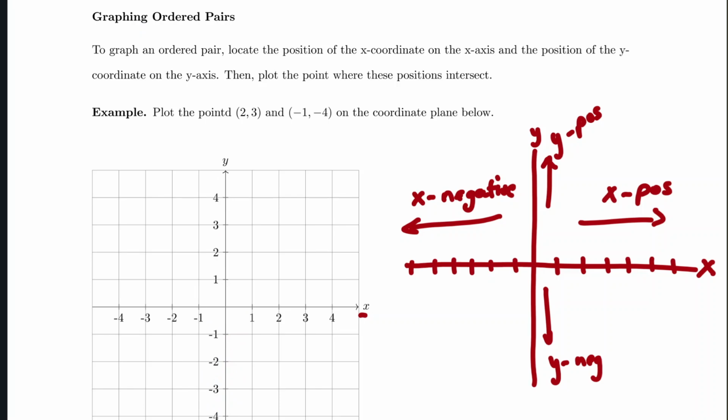And to help you remember which one's x, which one's y, and reading the x and y ordered pair coordinates, if you go through your alphabet, you'll see that x does come before y. So if you're ever unsure which one is which, just think in terms of the alphabet, x comes first, then it's followed by y.